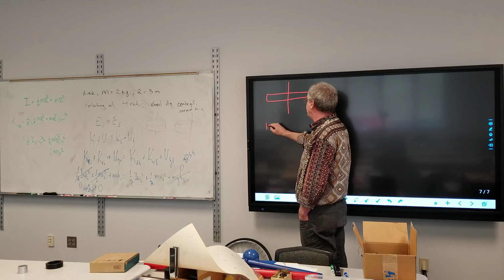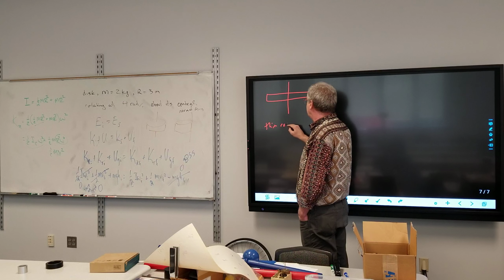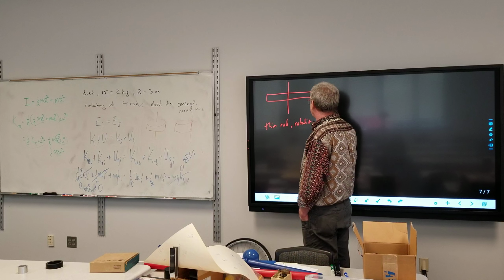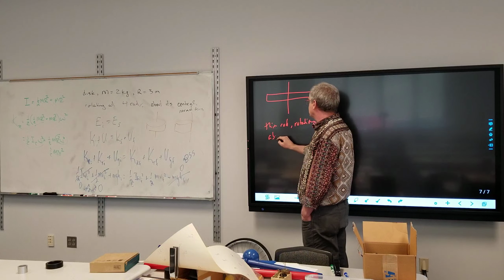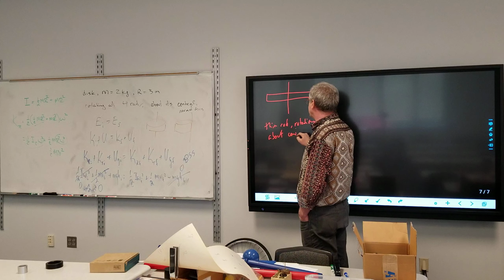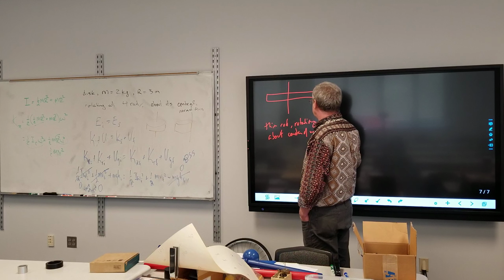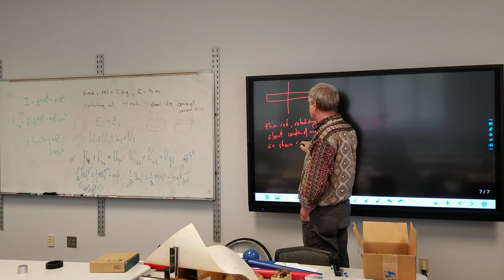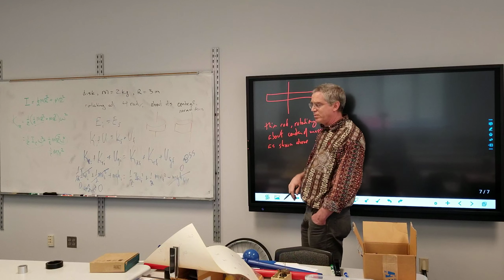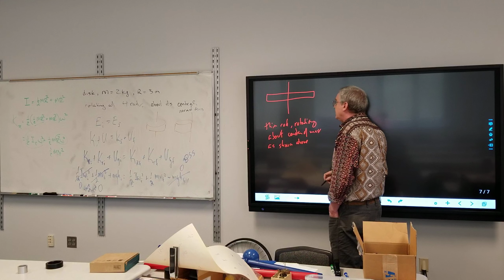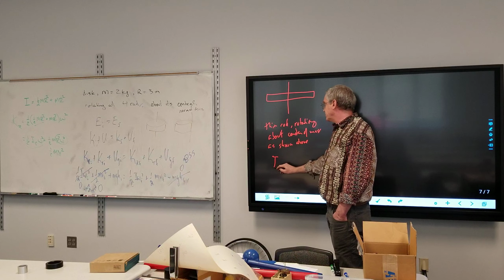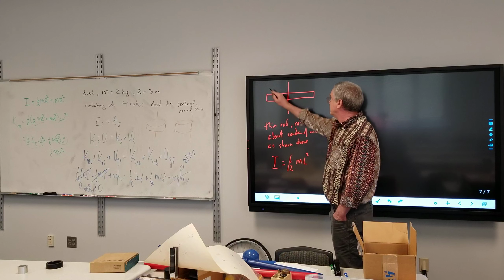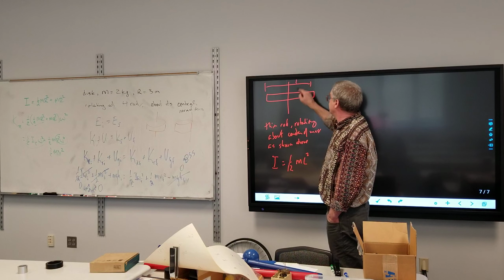So, thin rod. Rotating about its center of mass as shown above. Assume uniform density. The moment of inertia in this case is 1/12 mL squared, where L is that distance there.